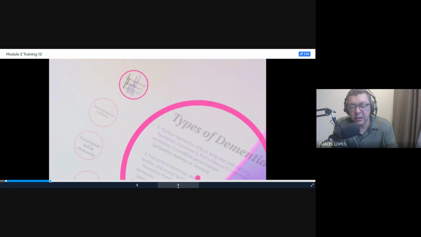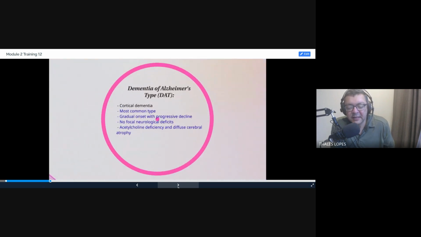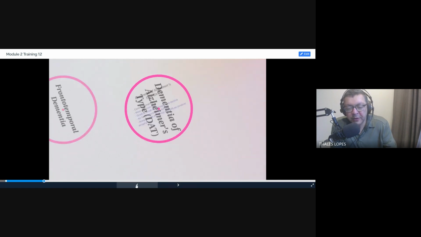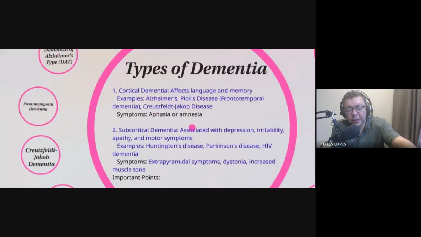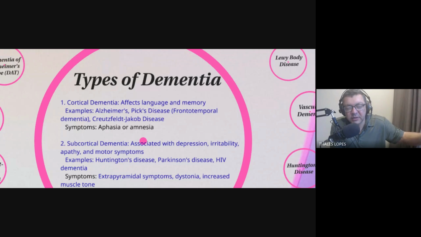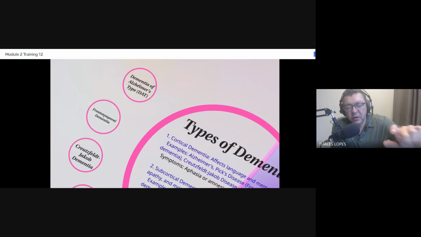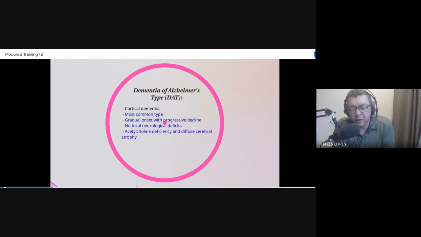So let's take a look at some of the cortical ones, right? We said cortical, we put three under the cortical: Alzheimer's, Pick's, and Creutzfeldt-Jakob disease. So now let's take a look at Alzheimer's, often called that, right? It's a cortical. So what are the problems that we see in cortical?